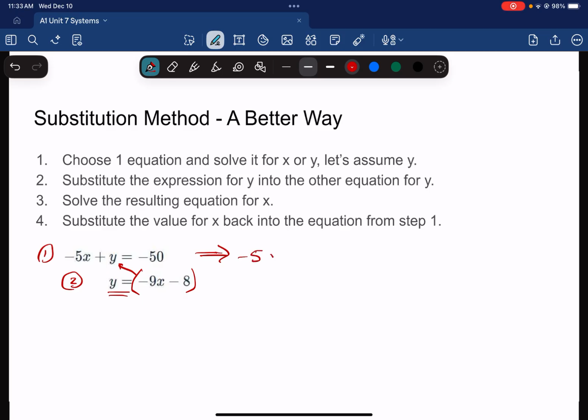So it looks like this. Negative 5x plus, but instead of y, I'm going to put in what y is equivalent to, which is negative 9x minus 8. Then I'm going to distribute if I need to, but there's no coefficient here. It's a coefficient of 1, so no distribution, so I can just remove my parentheses.